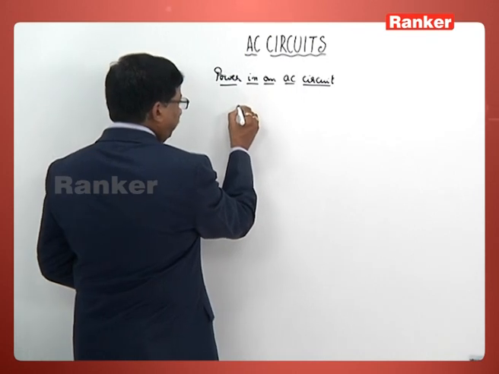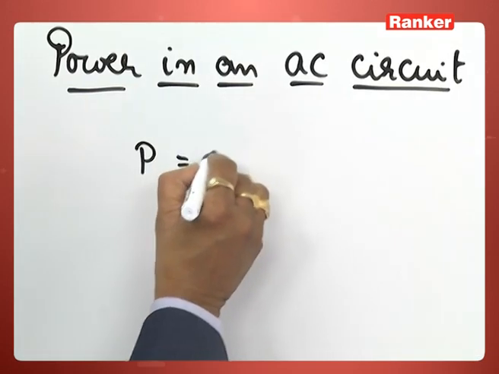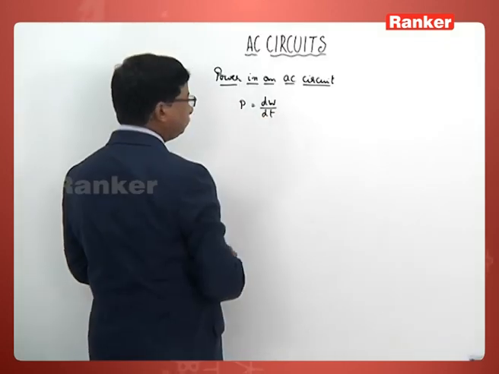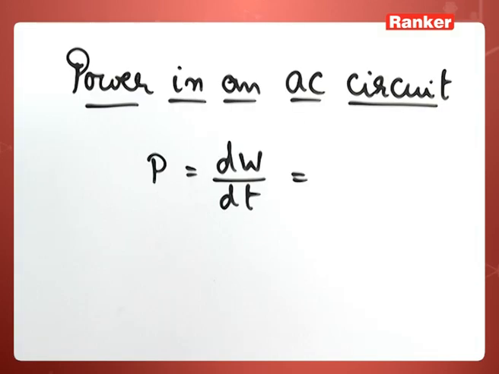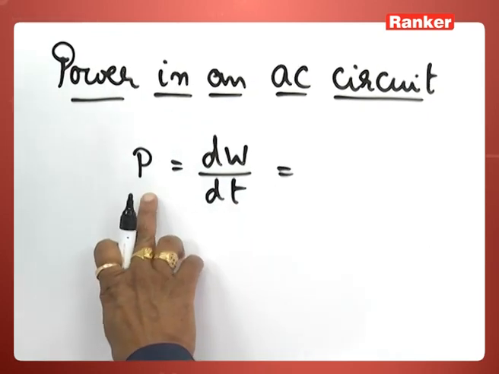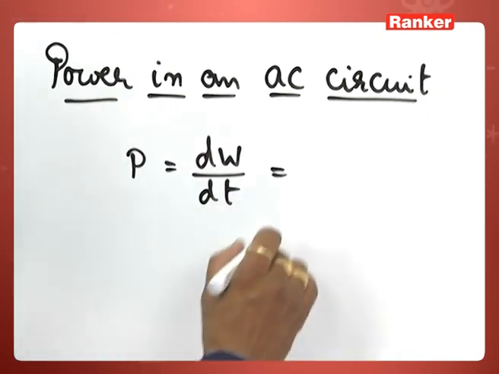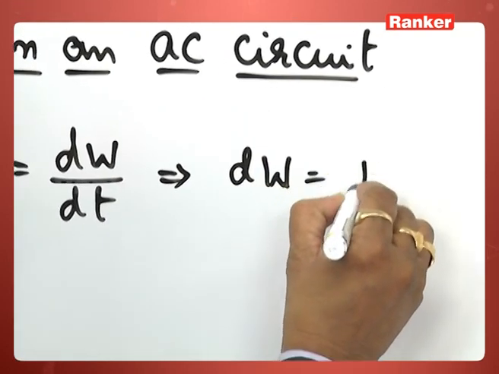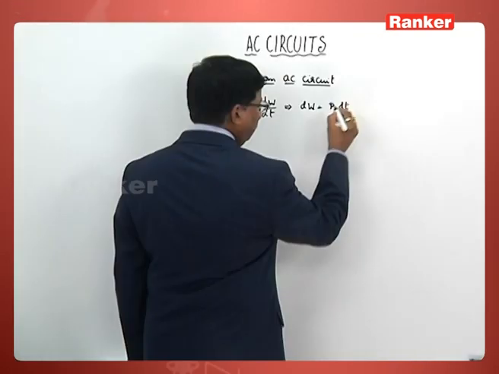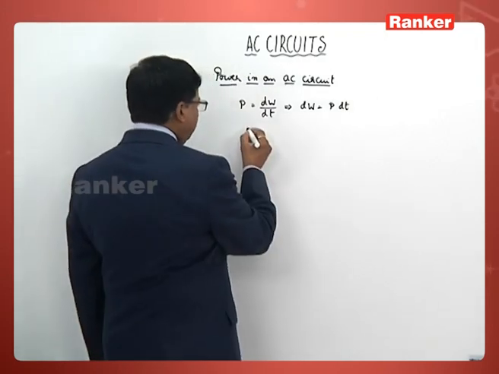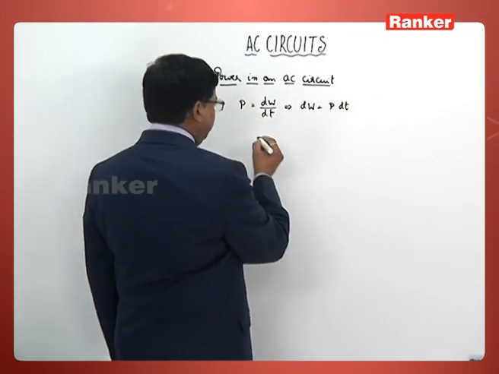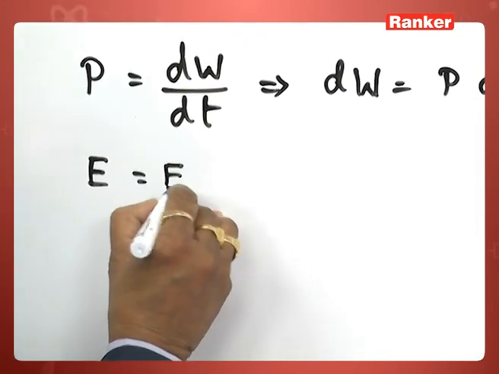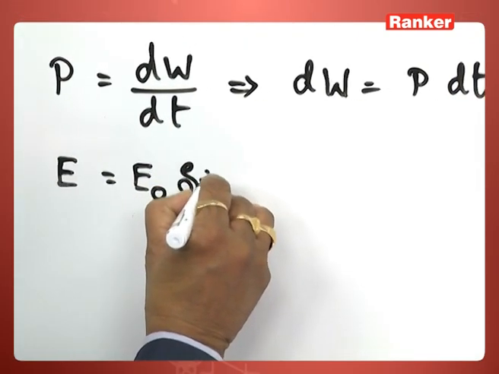We can write power directly as rate of doing work. Power by formula, we can write dW by dt. Therefrom, we can write dW is equal to P dt. Let us consider the alternating EMF as E naught sin omega t.